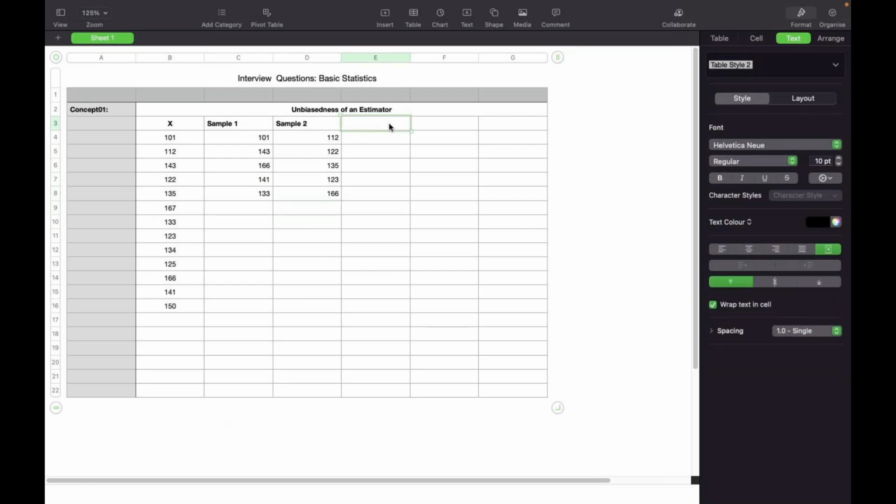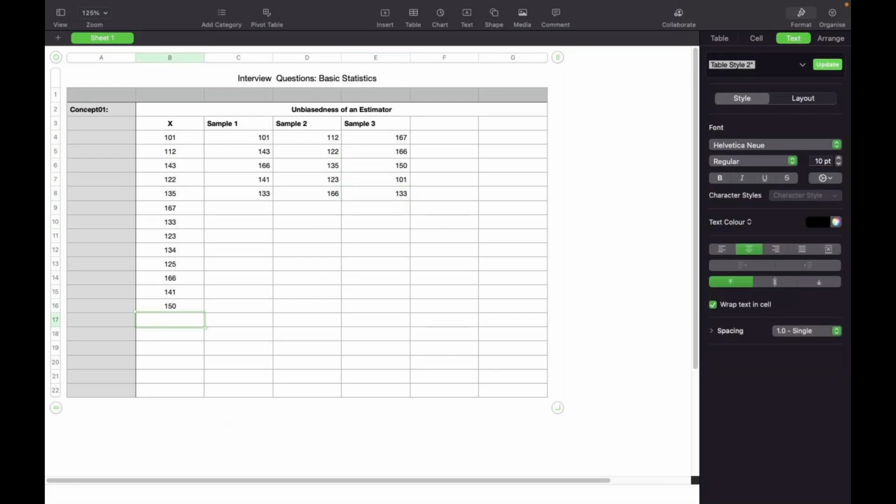So I'm creating with replacement, right? So the numbers can repeat over here. So I have 167, 167, 166, 150, 101, 133. Right? So what I've done is I have created three samples.